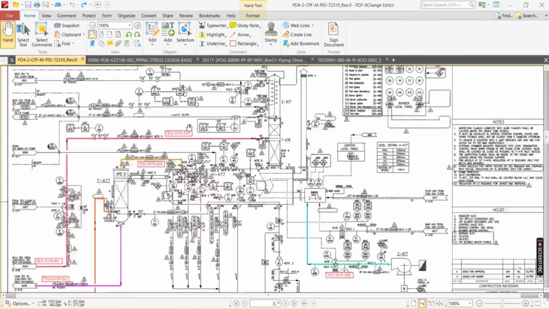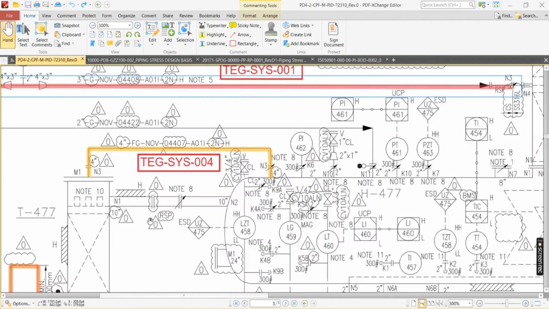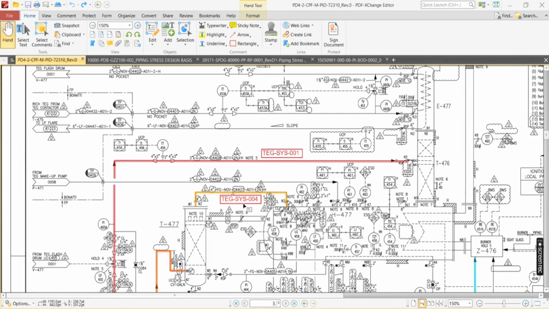What we need to do is highlight in a different color to show the differentiation between different systems. That will be better. So this system number will also be provided in your document numbering procedure. So you have to follow as per your document numbering procedure.